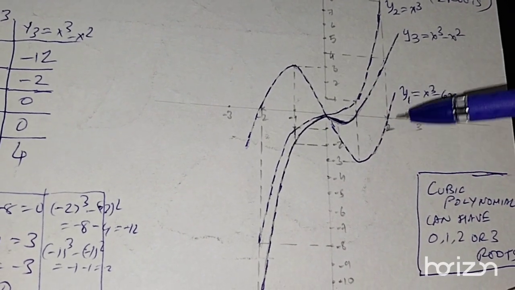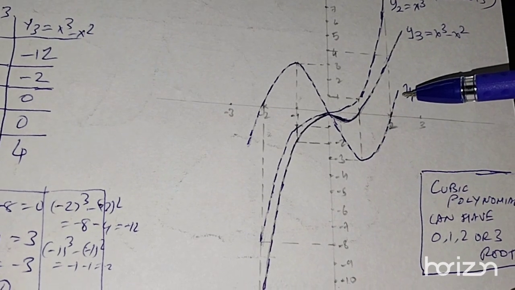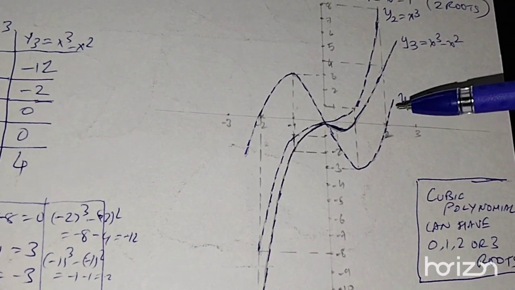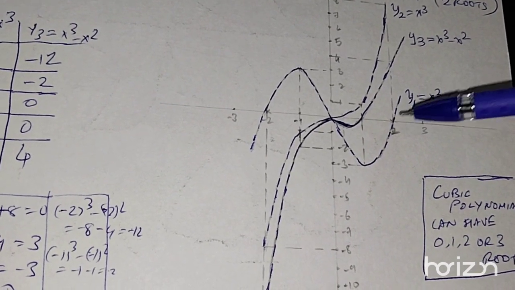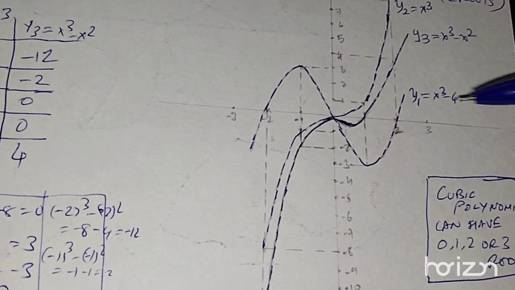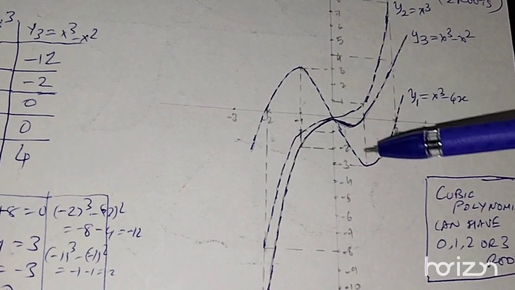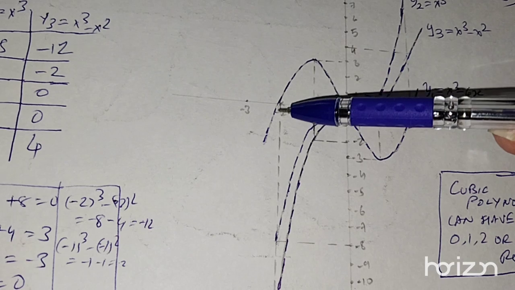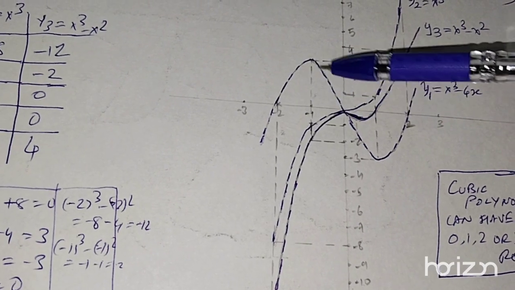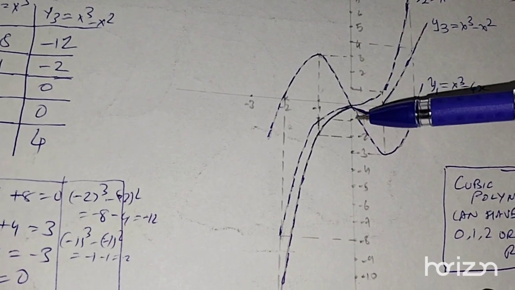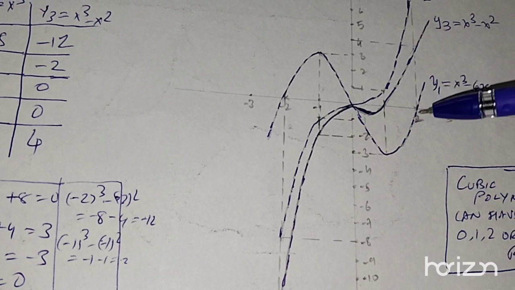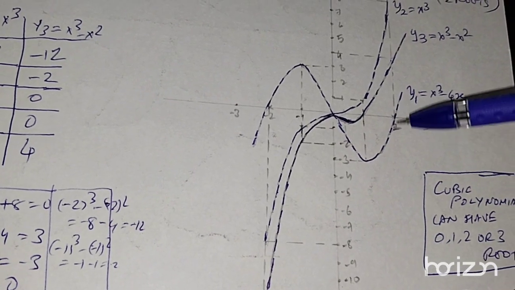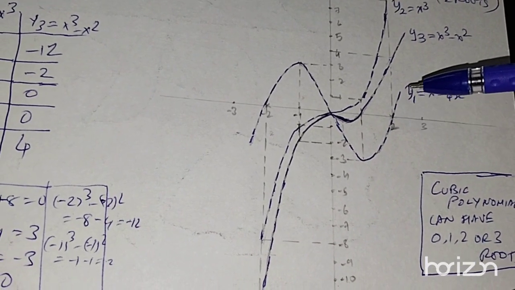Whenever the curve of a polynomial crosses the x-axis, that means there is a root at that point. Here for x cube minus 4x, the curve cuts the x-axis 3 times. Once at -2, so -2 is a root. Once at x equal to 0, so 0 is a root. And another time at x equal to +2. So x equal to +2 is the third root.